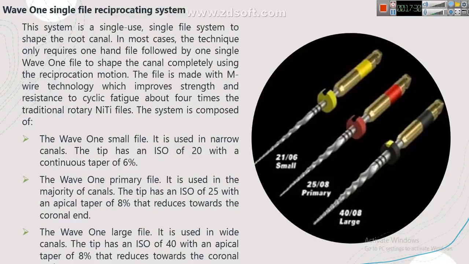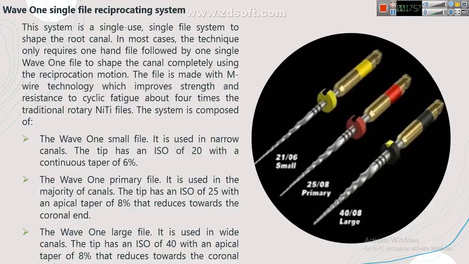The WaveOne single-file reciprocating system is also available in three different sizes: small, primary and large. The WaveOne small file is size 21 with a taper of 0.06.